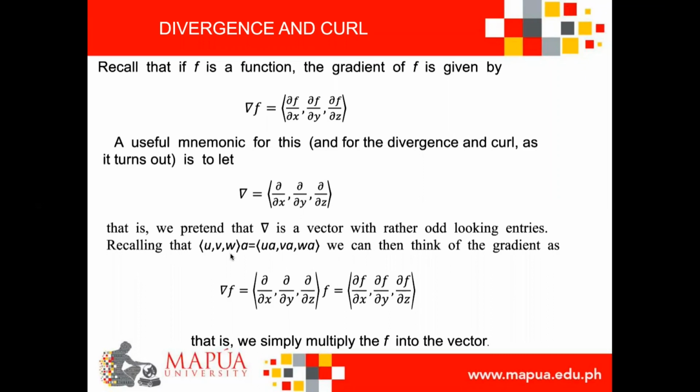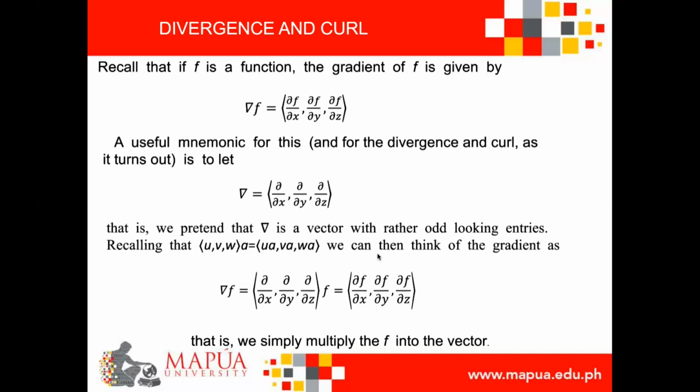Recalling that you have the vector <u, v, w> times a is equal to <ua, va, wa>. So this is a scalar multiplication between a scalar number and a vector.